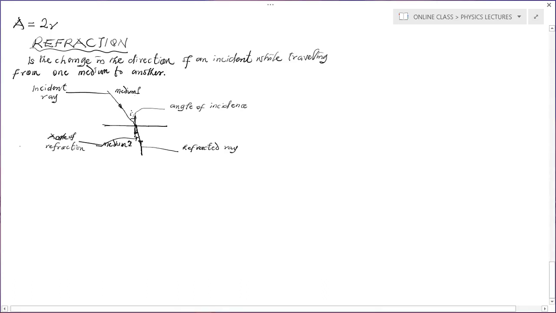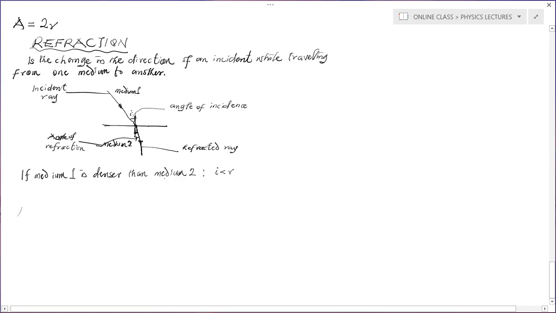Now it depends on what we have here. If medium 1 is denser than medium 2, that means angle of incidence, because it's denser, will be less than angle of refraction.